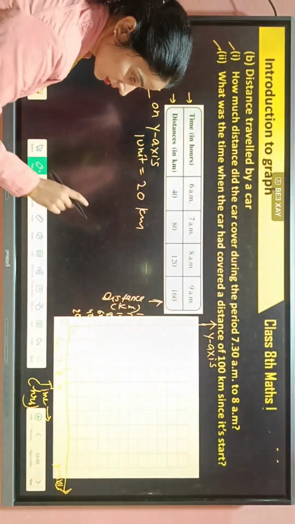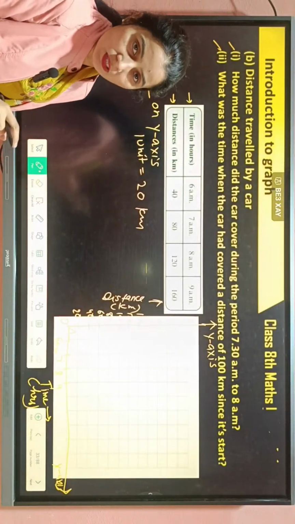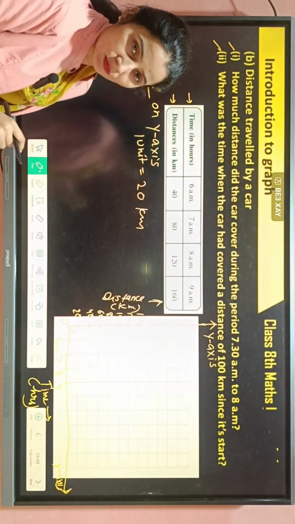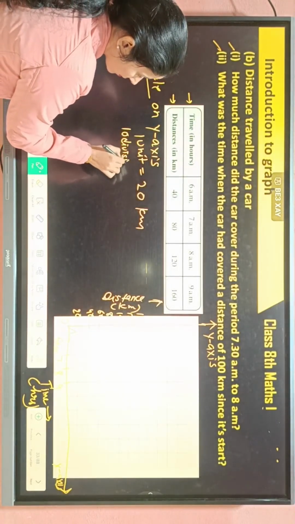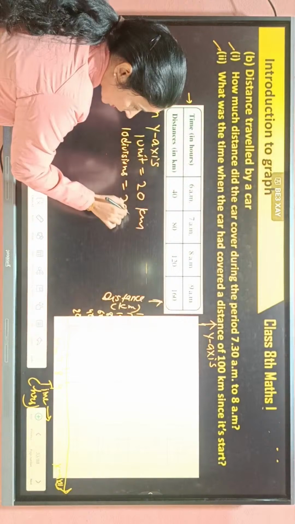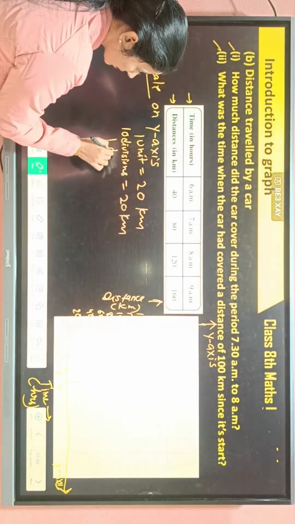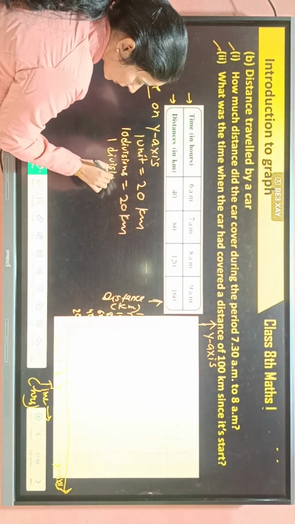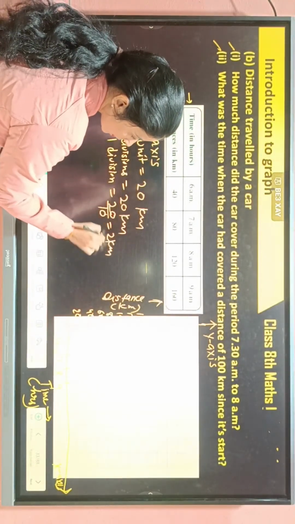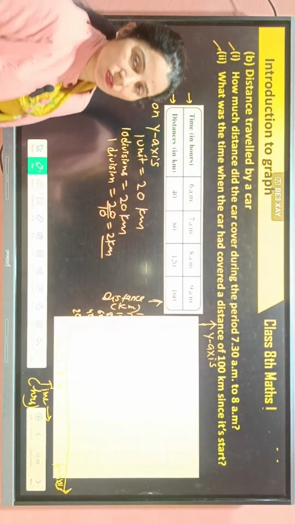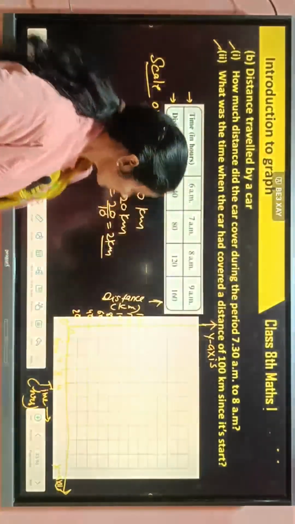And we know in this 1 unit, 10 small divisions are present. Check your graph carefully. Means 10 divisions are equal to 20 kilometer. So one division is 20 by 10, that is 2 kilometer. One fine line, one division is denoting 2 kilometer.